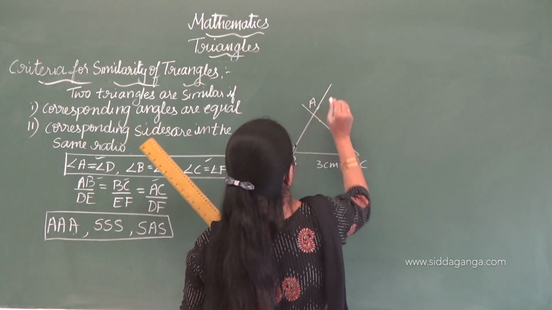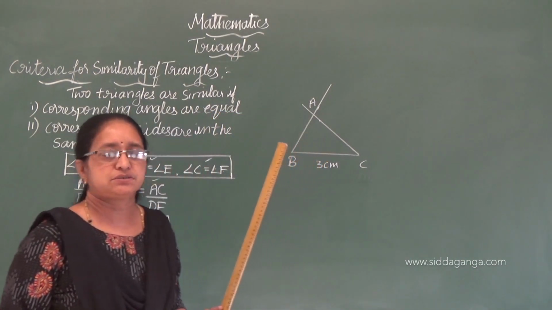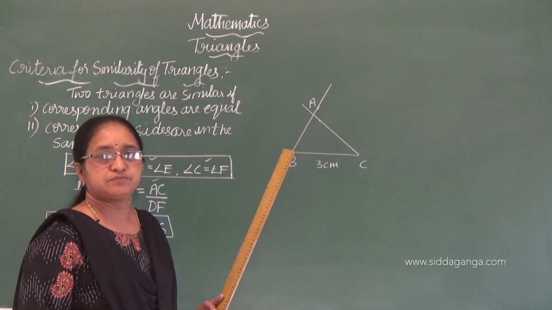Now this is A. Now ABC I have constructed. You also can draw it in your books and you can check on your own.